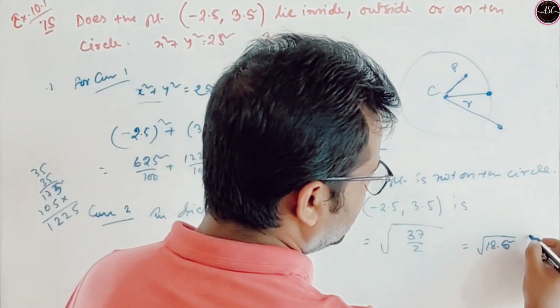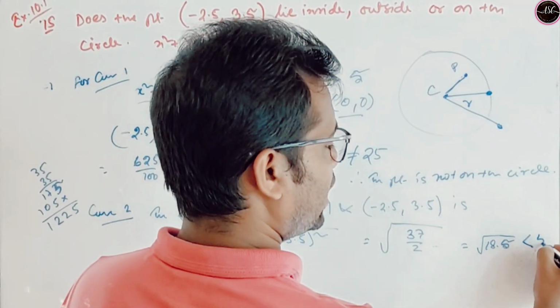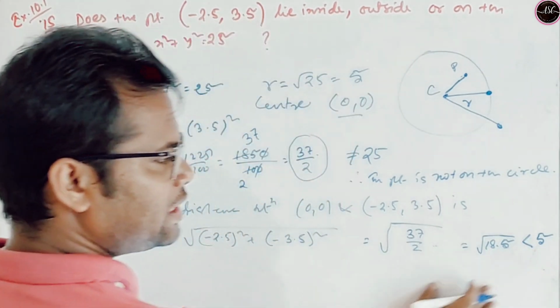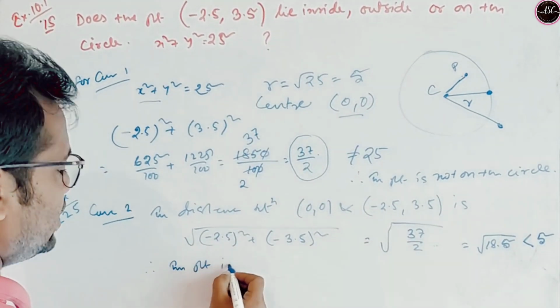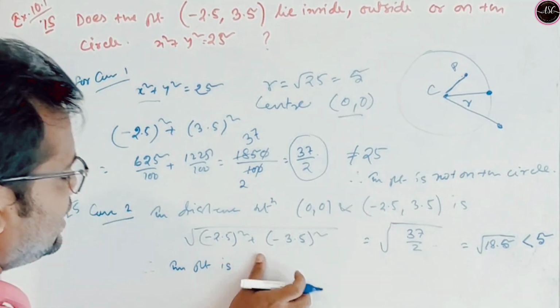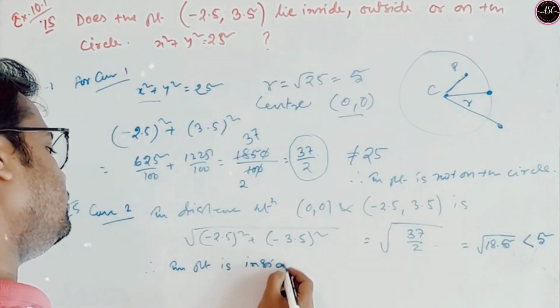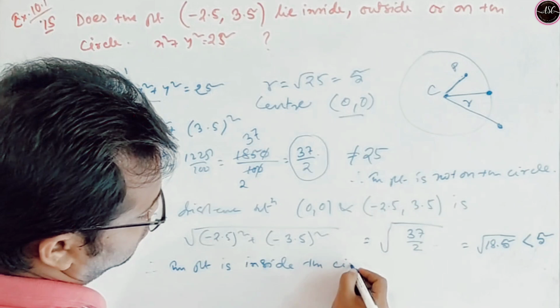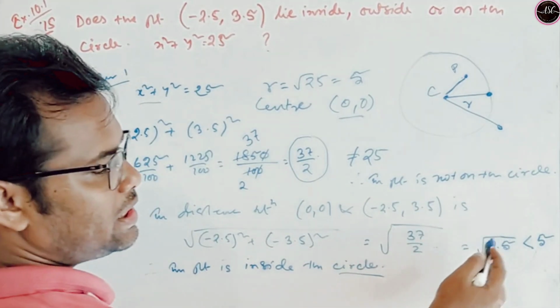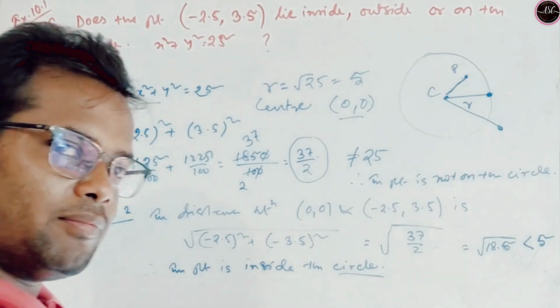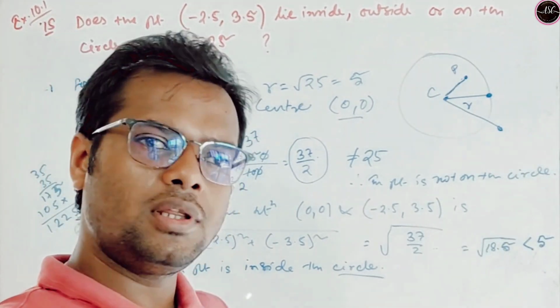It is obviously less than 5. So we can say the point is inside the circle. If for any number this is greater than 5, the point will be outside of the circle.